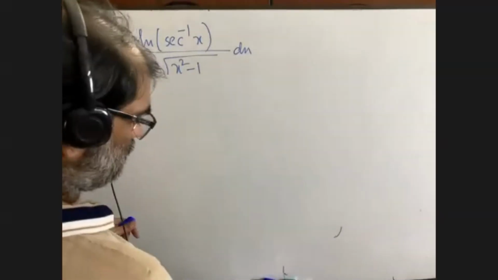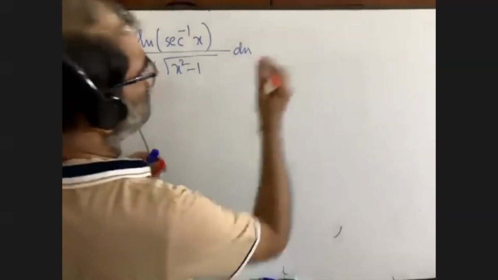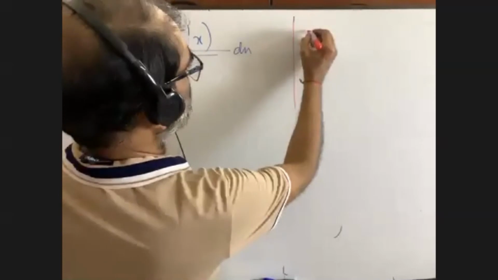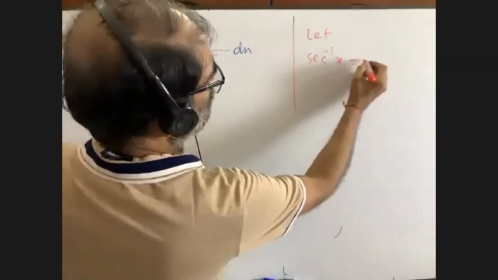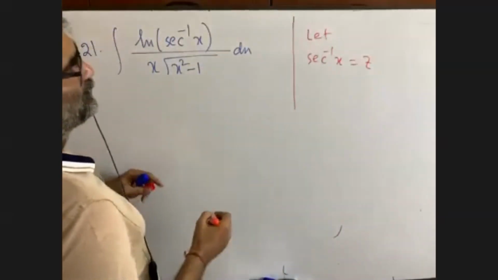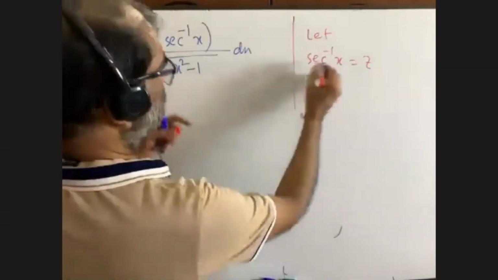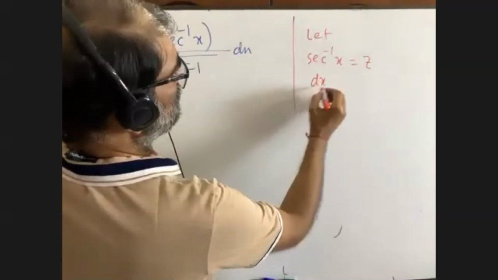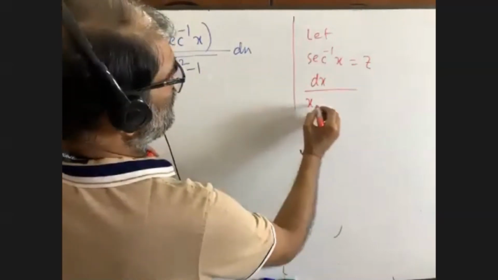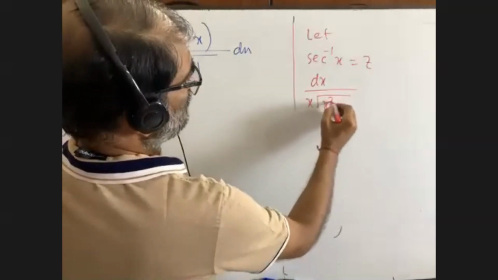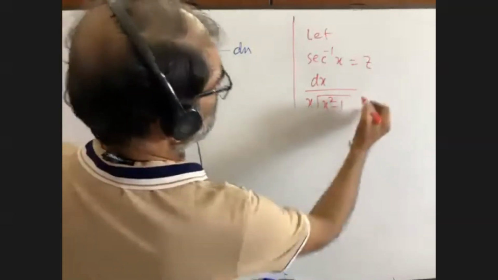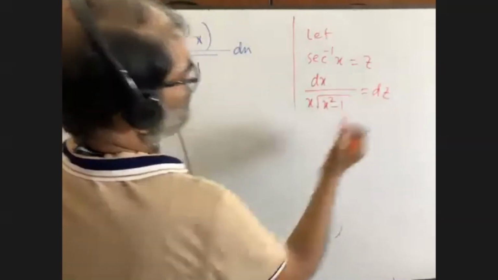What will you do? Very easy and simple. Let sec inverse x equal z. So actually we are getting here dx by x root over x square minus 1 is equal to dz.